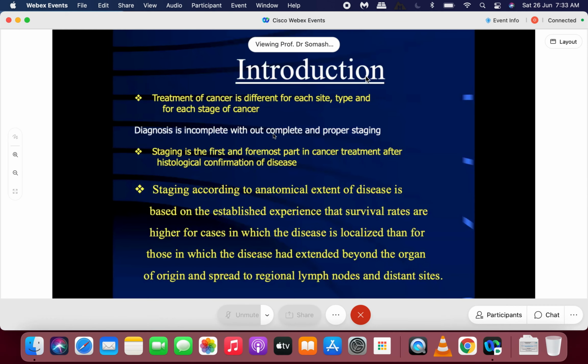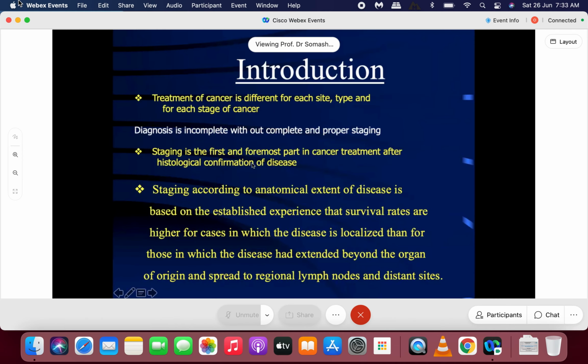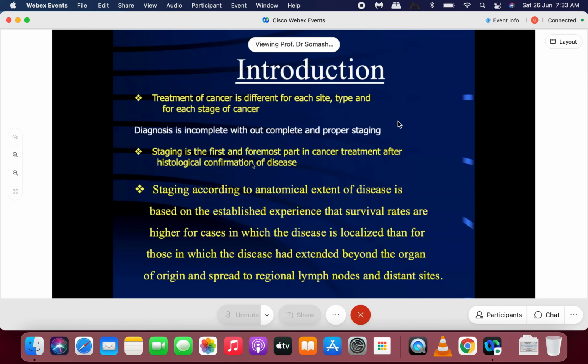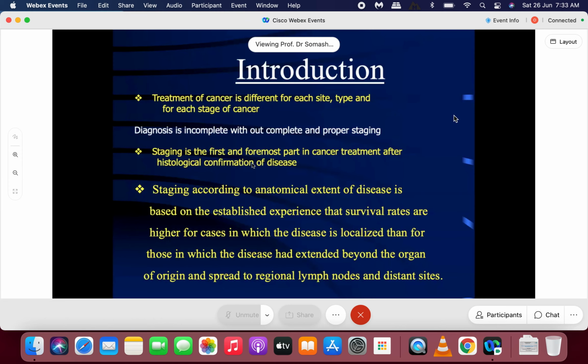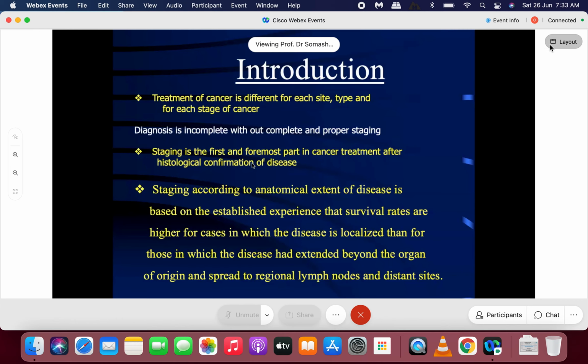You can't start a treatment in oncology without a histological proof except 1 or 2 conditions. One is a pancreatic cancer, which on an imaging workup is straight away a malignant lesion. Second is a solid lesion in kidney more than 2 centimeter, which on imaging looks straight away like a renal cell carcinoma, or a liver lesion where alpha fetoprotein is 15 times the normal limit.